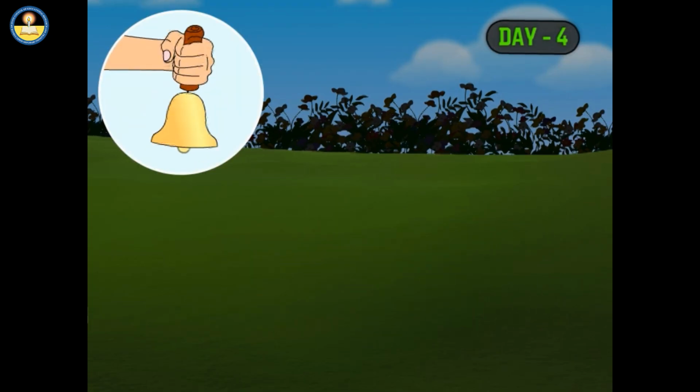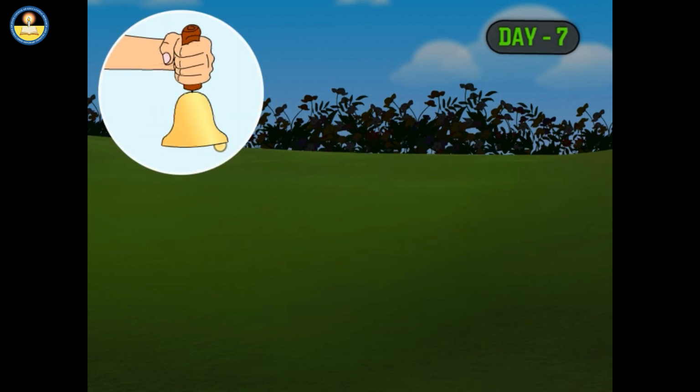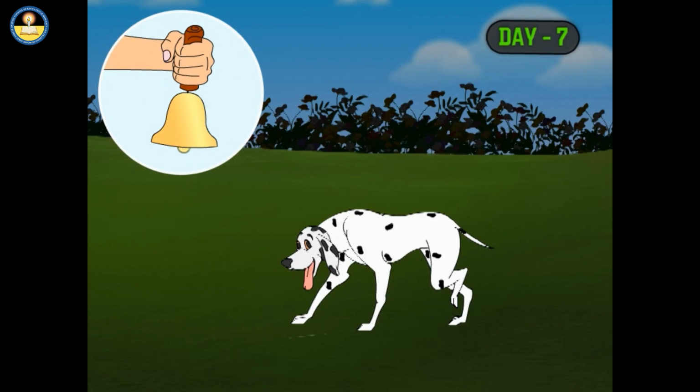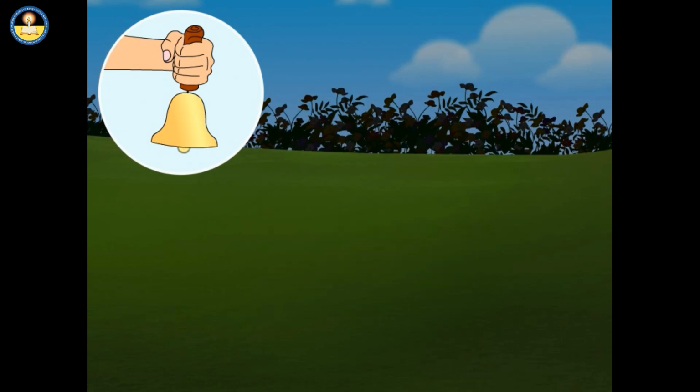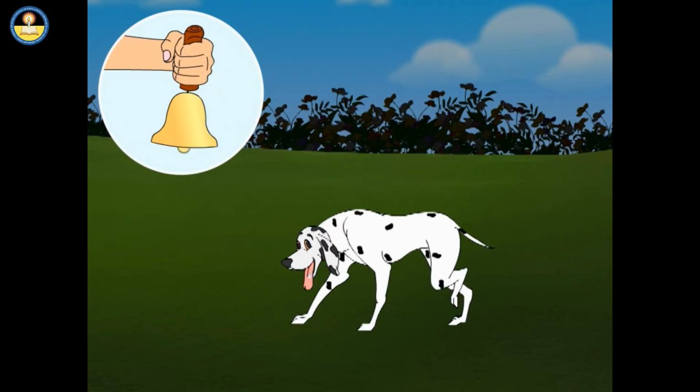After much repetition, the dog salivates when the bell rings, even when there is no food. This is an example of a conditioned reflex. The dog was conditioned to salivate when the bell rang.